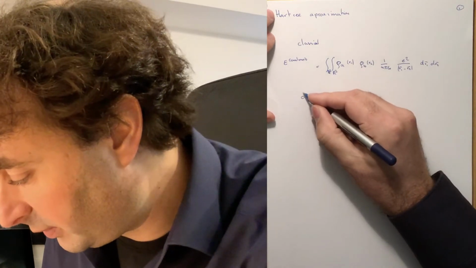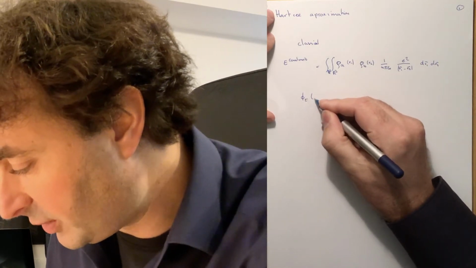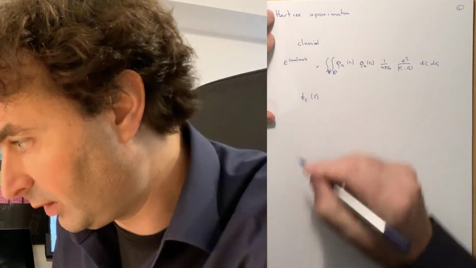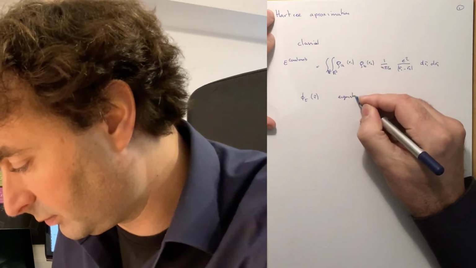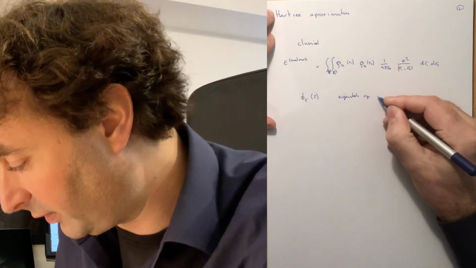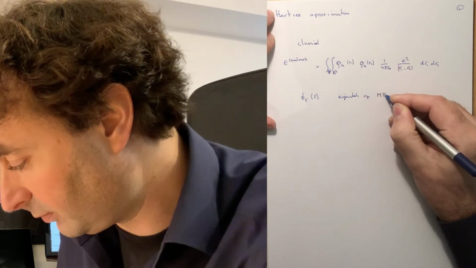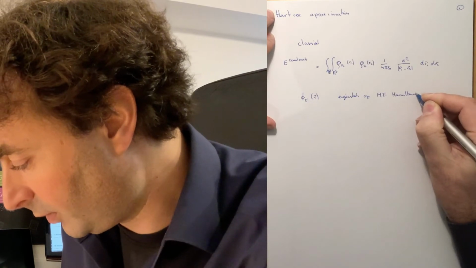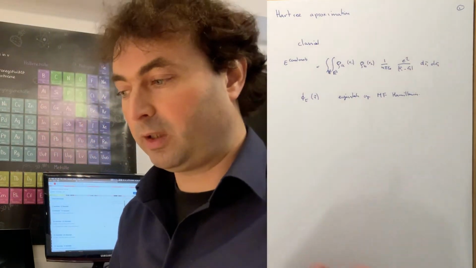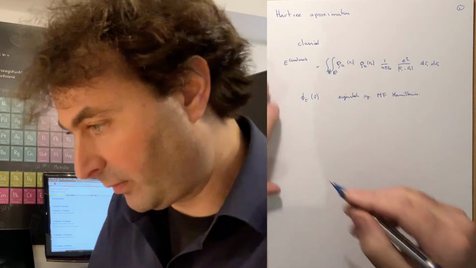Now let's say that we have one-particle orbitals, and these are eigenstates of the mean field Hamiltonian, such that they describe our many-body wave function.